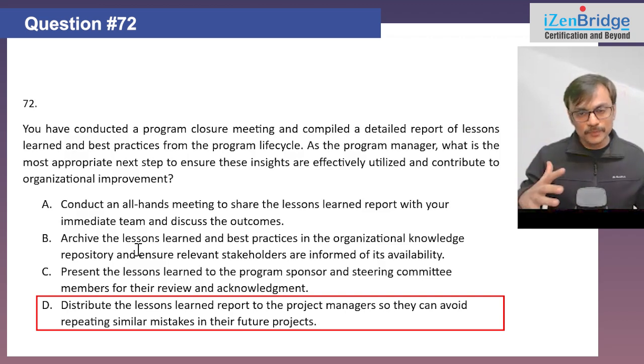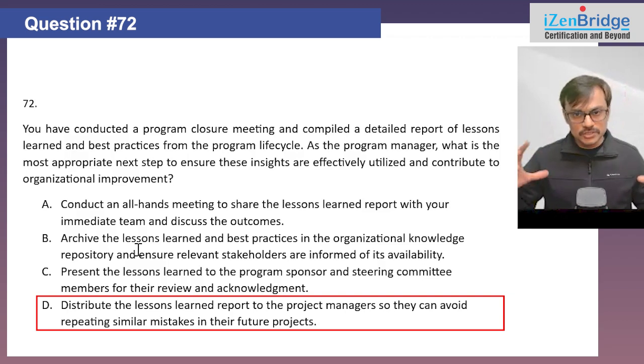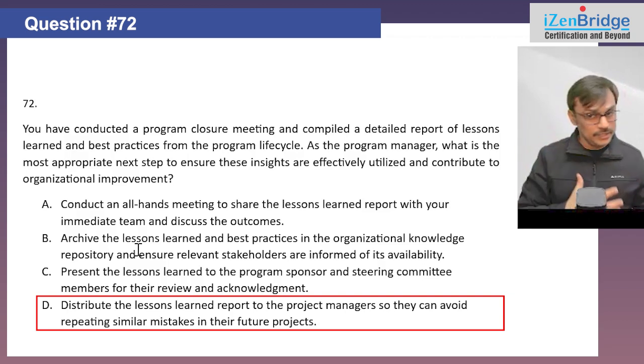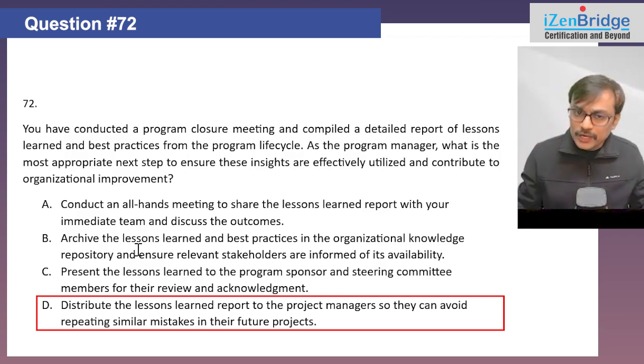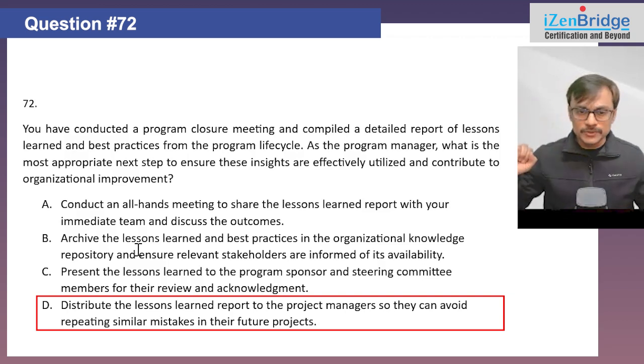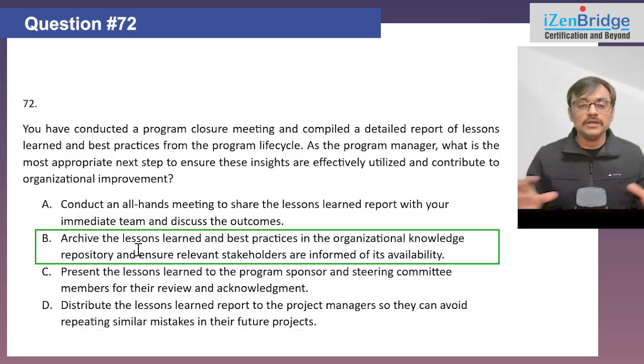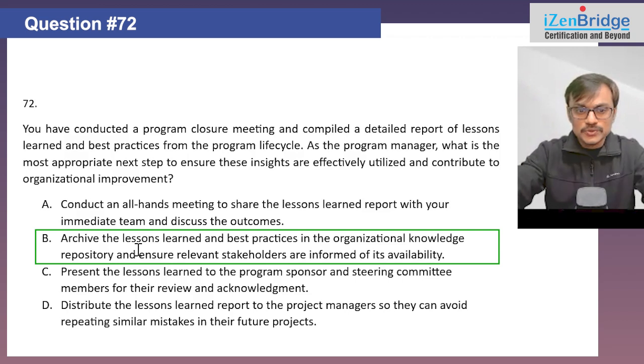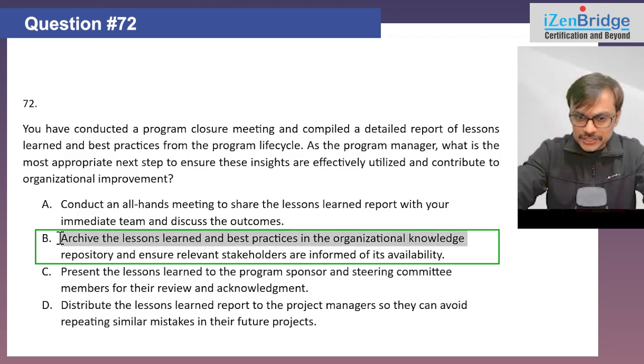I need to put it appropriately and my stakeholders should know and they should be able to find it out. There is a possibility other program manager is also interested in that. Someone who is involved in executing, strategizing and facilitating program execution should be able to see it. So that way option B looks perfectly good and I can choose option B for this particular question.